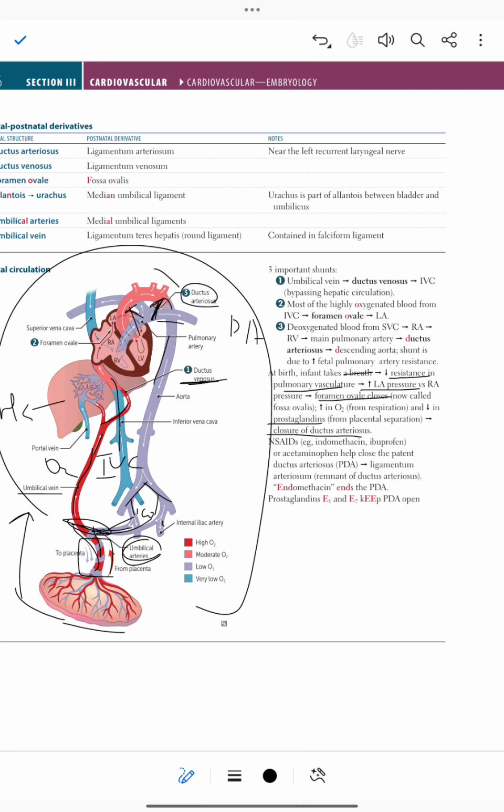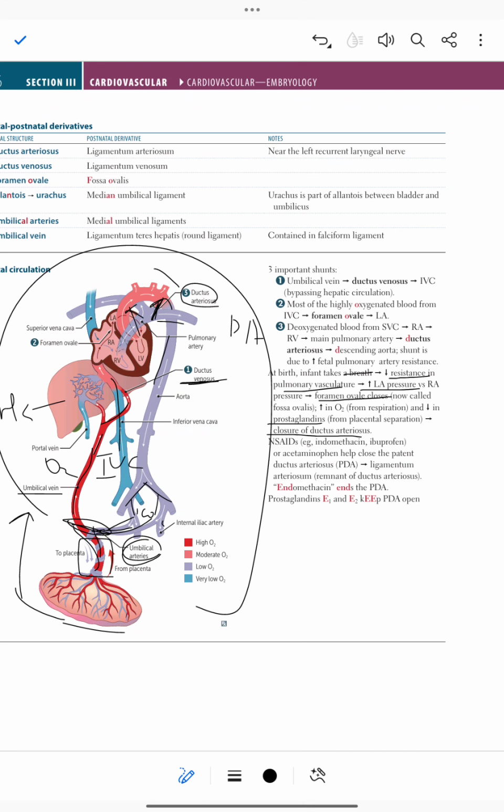If it cannot close, we have some drugs for closing. It's called NSAIDs, non-steroidal anti-inflammatory drugs. Indomethacin, ibuprofen, or acetaminophen helps close the patent ductus arteriosus. Closed ductus arteriosus then gives rise to ligamentum arteriosum.